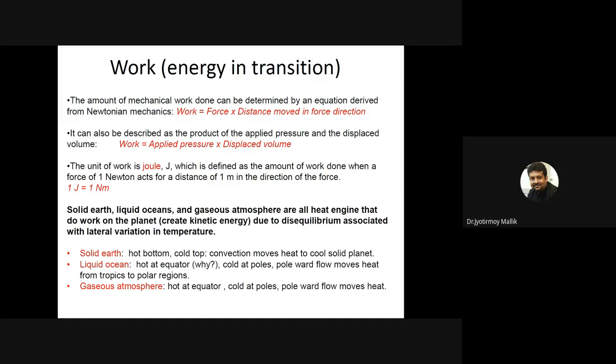Hence, even if the water freezes in the polar region, there are still some gullies which are very much below zero, maybe minus 30, minus 35 degrees centigrade, where you have liquid water because of the ocean current transport. Then in the gaseous atmosphere, it is hot at the equator, cold at the poles, and poleward flow moves heat.